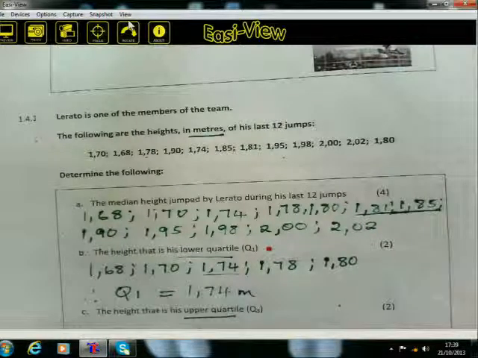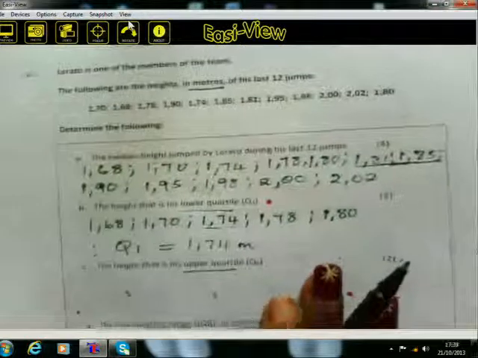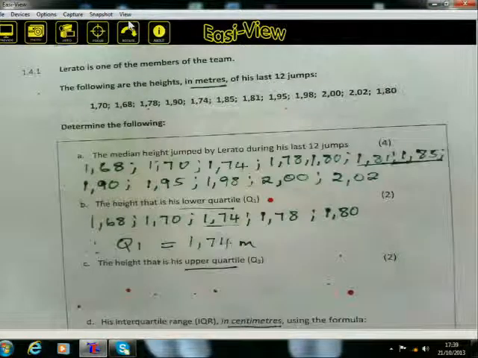Then you come again to the upper quartile. You have to determine the upper quartile. What we have done on number B is going to be done here, but it will be after the middle two.